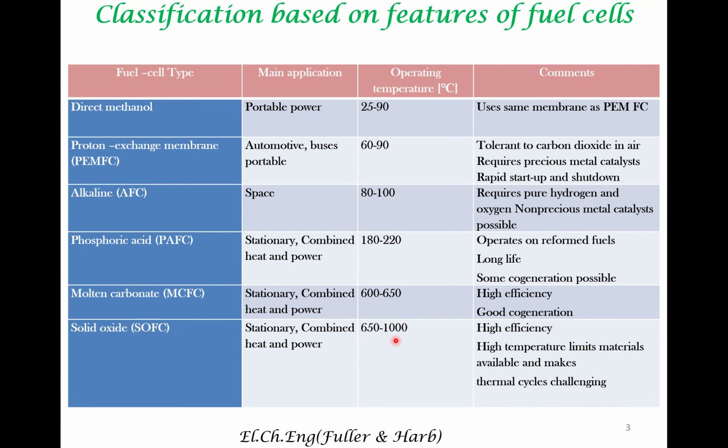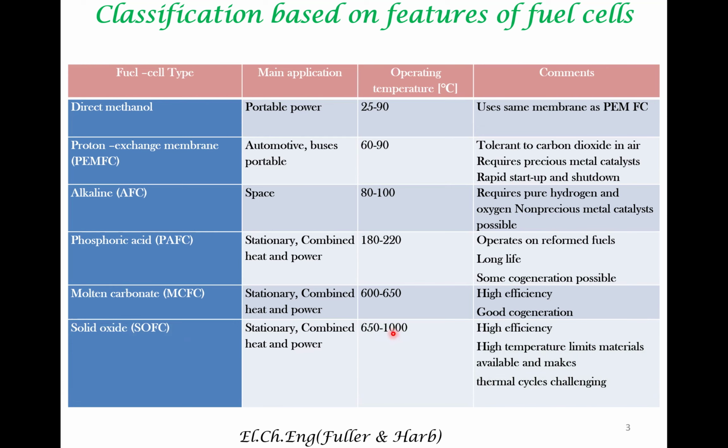So when you have a fuel cell operating at this temperature, the electrolyte and the entire fuel cell has significant thermal mass. The heat capacity is fairly high. So the sensible heat required to increase the temperature, let's say from room temperature to this temperature, that itself is a challenge.